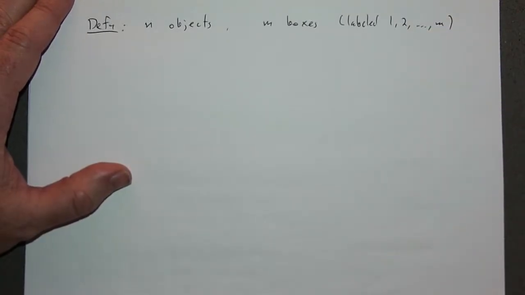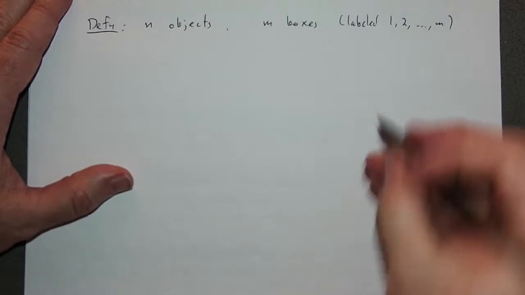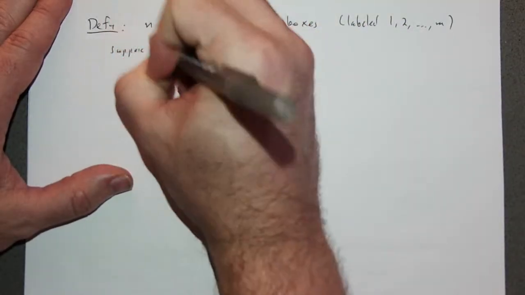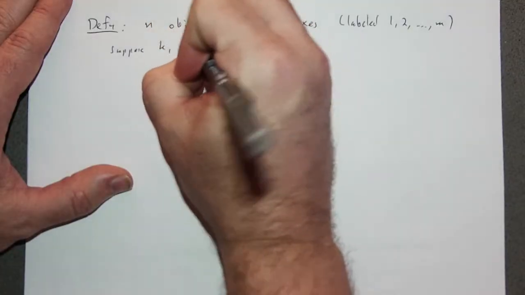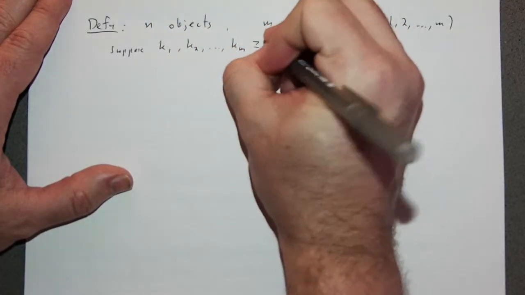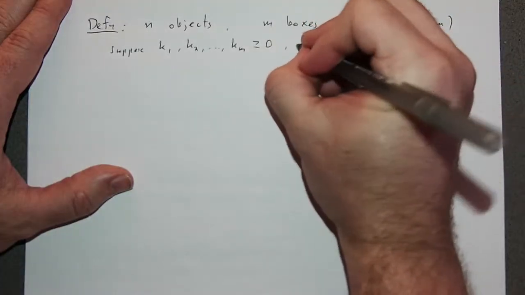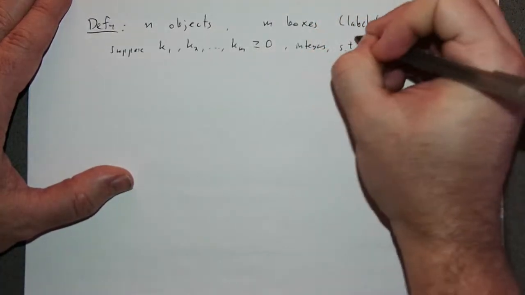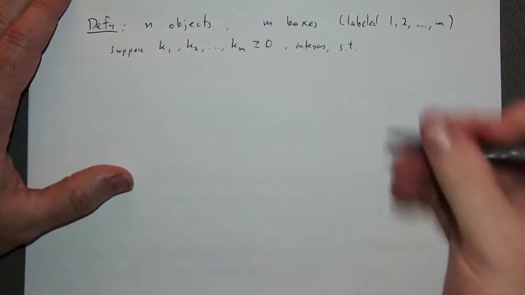Suppose k1, k2, up to km are non-negative integers such that they sum to n.